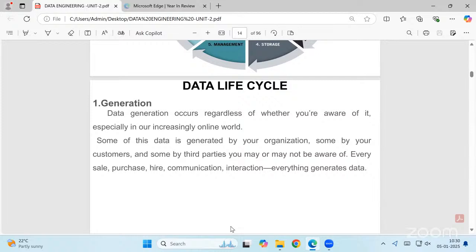Data generation occurs regardless of whether you are aware of it, especially in your increasingly online world. Data is generated in different formats, for example the stock market prices. Let's say I want to buy one particular share. How can we decide whether to buy or not?